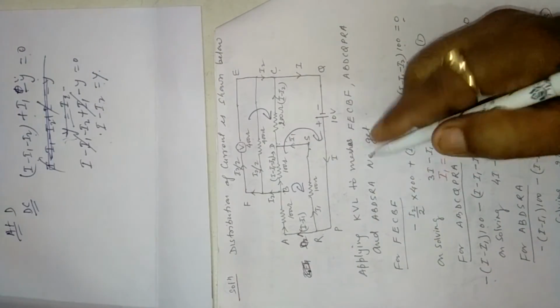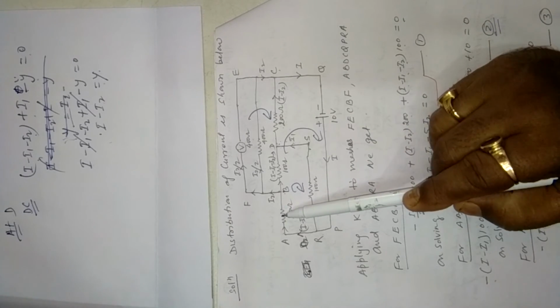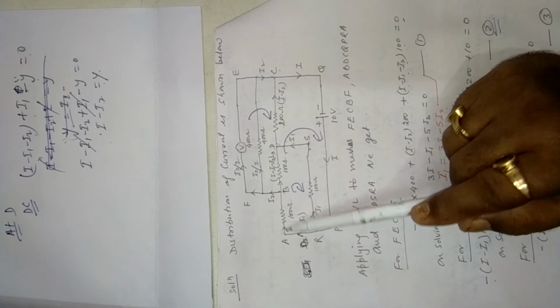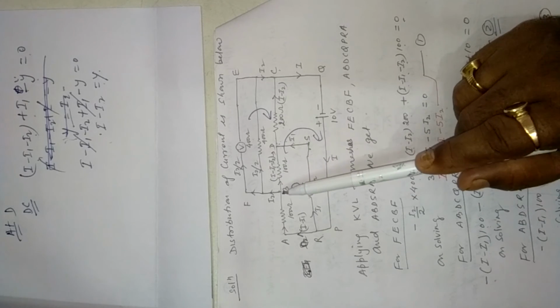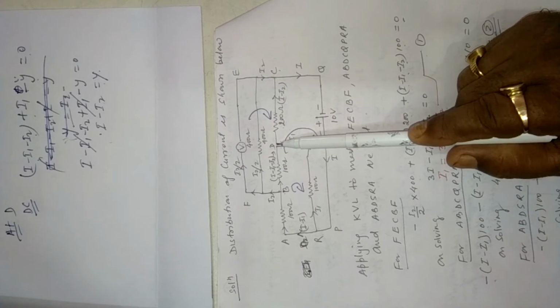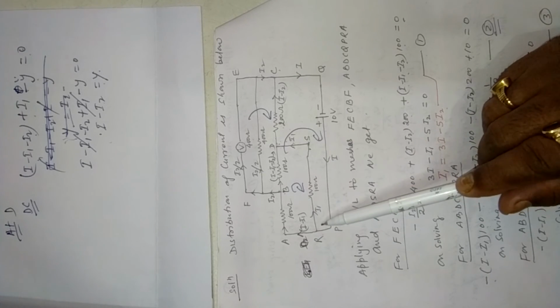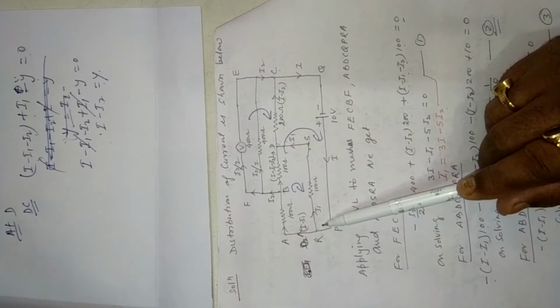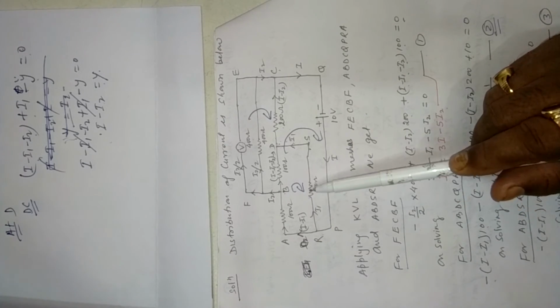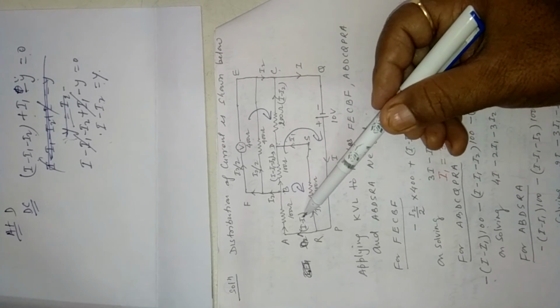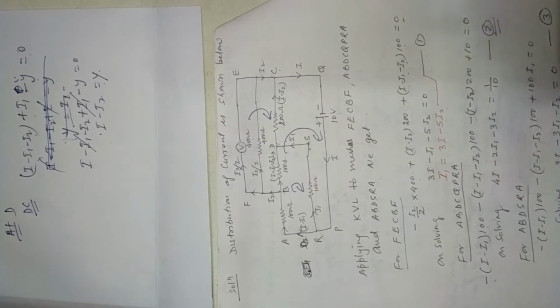In this small loop, the product of current and resistance between A and D will be negative, and between B and D will also be negative. Only between S and R it will be positive, because we are moving opposite to the direction of current.